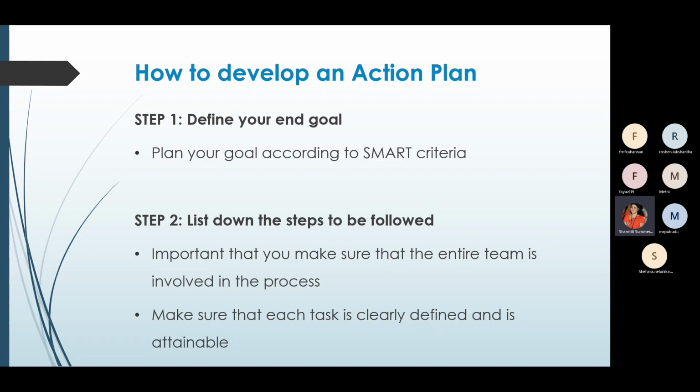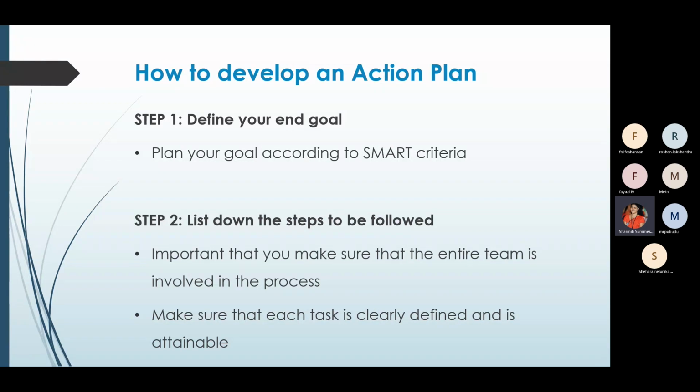You need to list down first step, second step, third step. Likewise, you can have first task, second task, or third task. It is important that you make sure that the entire team is involved in the process. If it is teamwork, all the team members involved need to take part.